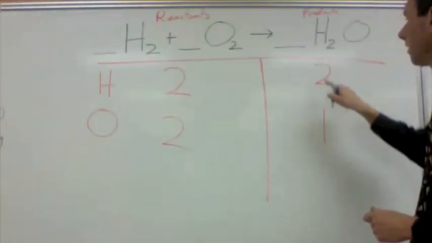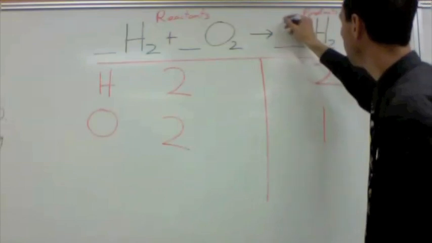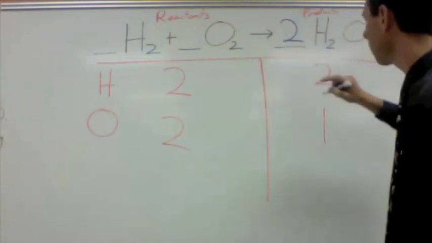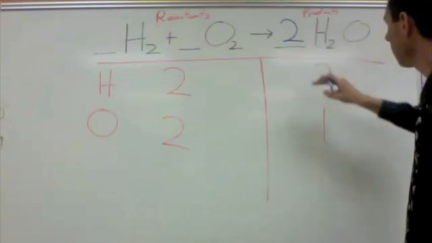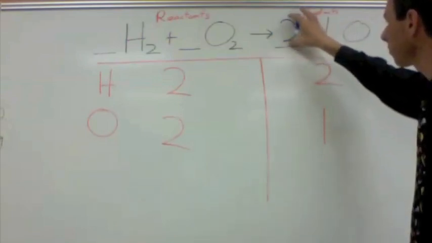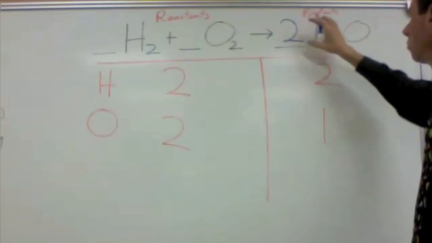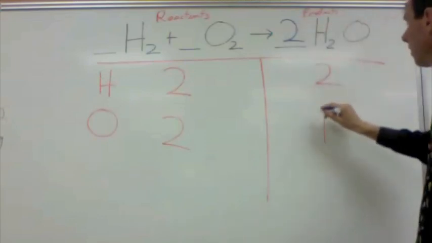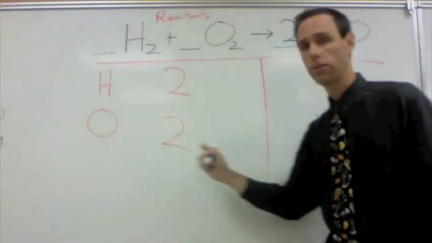So I'm going to put here, there's an implied 1 there right now, but let's put a 2 there. And now if I put a 2 there, that changes everything. Now I have how many oxygens? Well, this number applies to the whole molecule. So now I have 2 times 1 oxygen. Now I have 2. Yay, it matches.